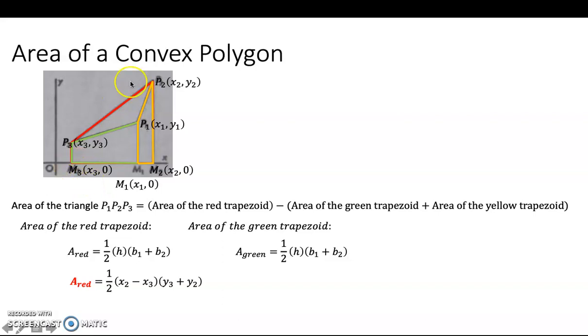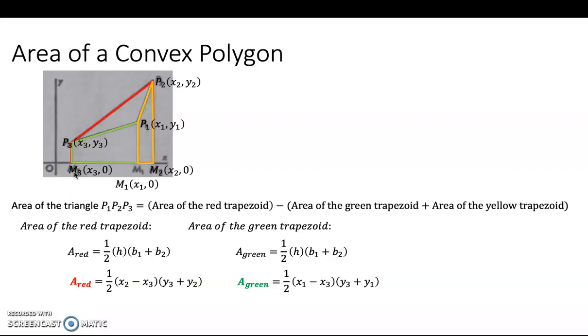And then the first base, P3, M3, and the other one would be P1, M1. So we will have y sub 3 for this base, and y sub 1 for this base. So that would be 1/2 times the quantity x sub 1 minus x sub 3 times the quantity y sub 3 plus y sub 1.